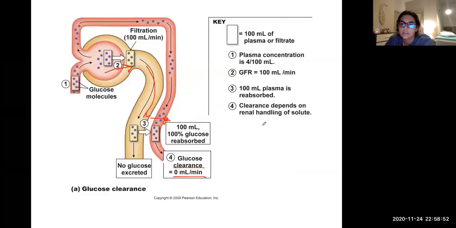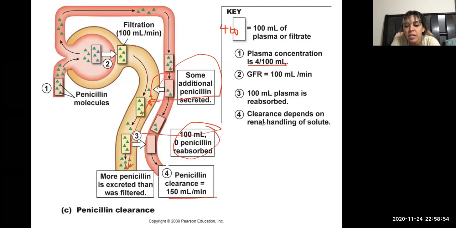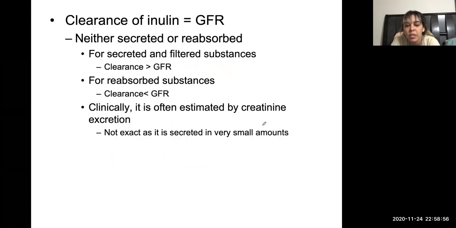But that is a scenario. That doesn't necessarily mean that whenever we have inulin, it's gonna be 100%, right? If it's not, that means there's something wrong with the nephrons. So usually 100% of inulin has to be excreted. And what about the creatinine?